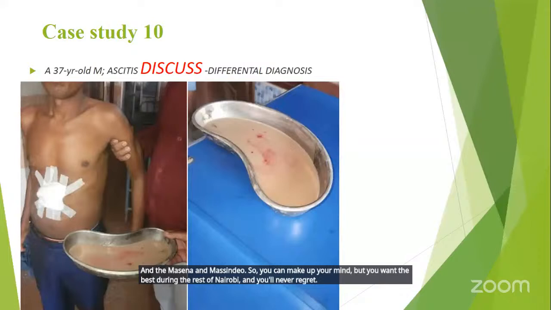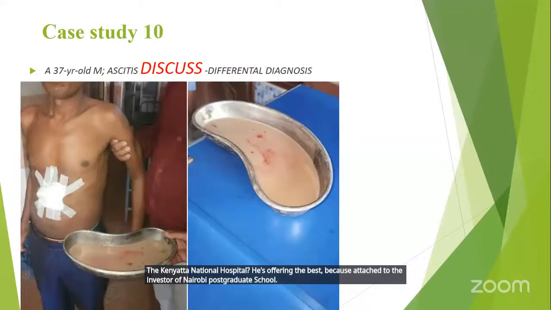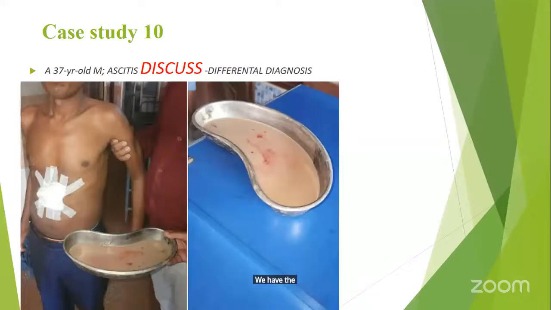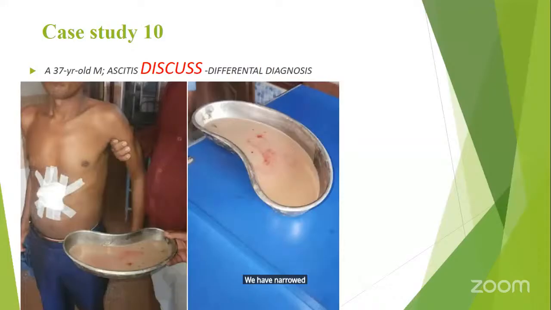On your other question, best labs in cytology and histology, Kenyatta National Hospital is offering the best because it is attached to the University of Nairobi Postgraduate School, where we have the pathologists and cytologists examining samples and other specialized clinical pathologists. We have Nairobi Hospital, Aga Khan University Hospital, Lancet and Kalebi Labs.